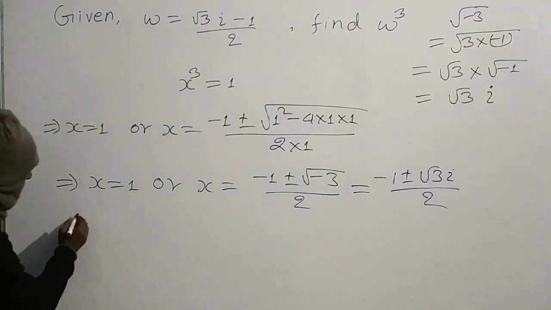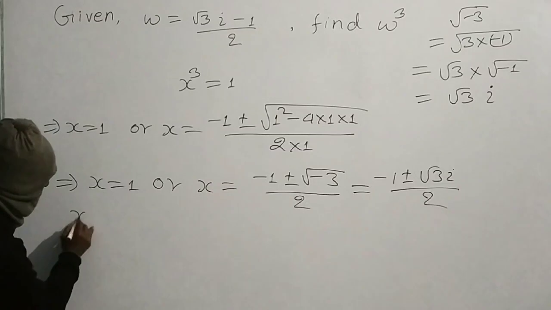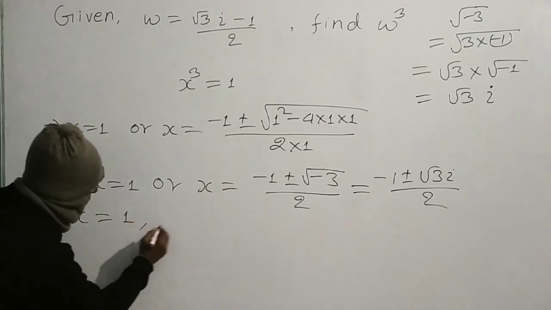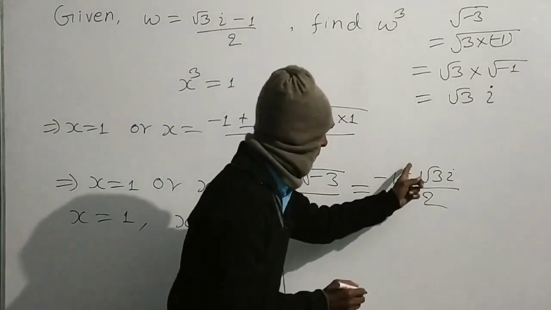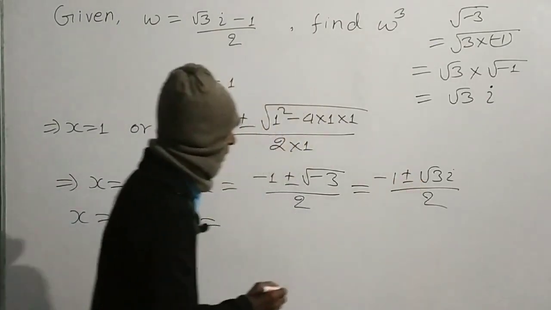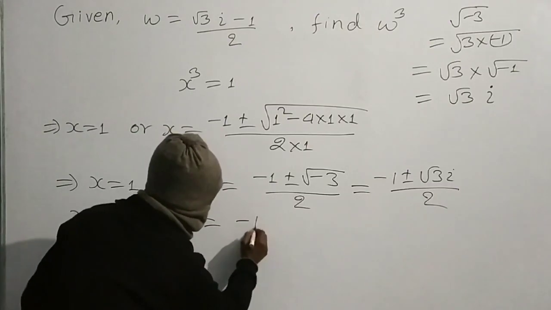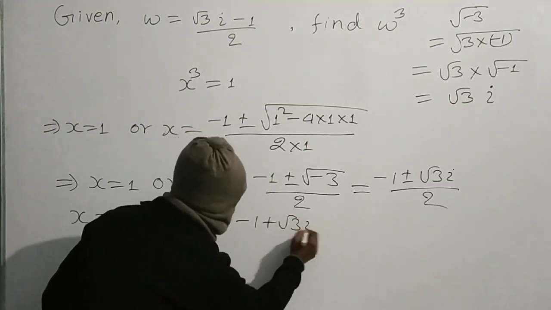Thus, we get 3 solutions. First solution is 1. Second solution is, when we take plus sign here, then root is minus 1 plus root 3I by 2.